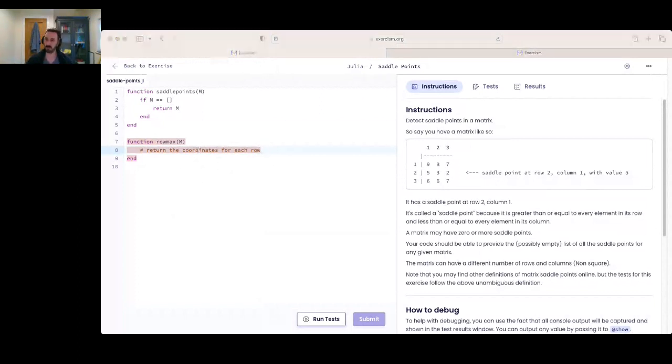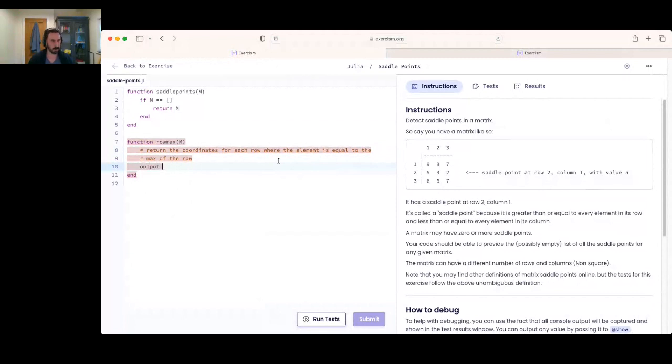So let's think how we're going to do this. So return the coordinates of each row where element, let's create an output. So rows can be output.